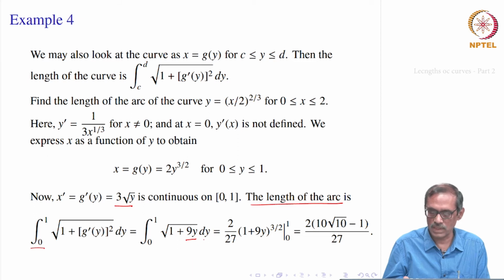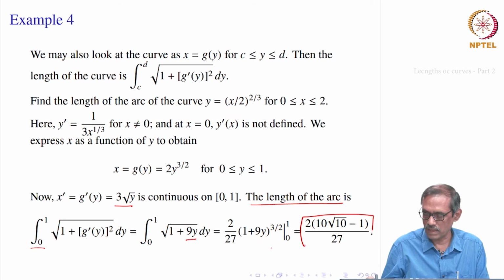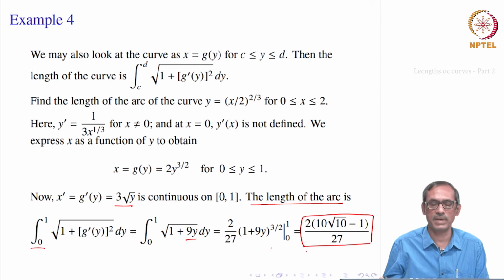So, you get u to the power 3 by 2 divided by 3 by 2, and du equals 9 times dy, so divided by 9 in terms of u. So, it is 2 by 27, 1 plus 9y to the power 3 by 2, evaluated at 0 and 1 and subtracted. That simplifies to 2 into 10 root 10, minus 1 is there. So, 2 times (10 root 10 minus 1) divided by 27.